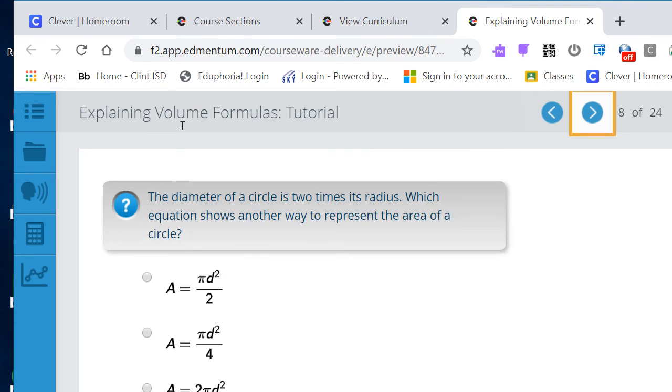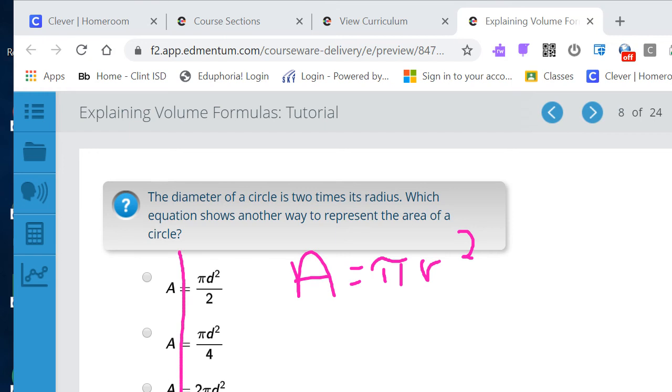It says the diameter of a circle is 2 times the radius. We already know that. Which equation is another way to represent the area of a circle? Okay, so very important. We looked at our previous slide and we saw that the area of the circle was pi r squared. Notice how none of my answer choices have the radius, okay?